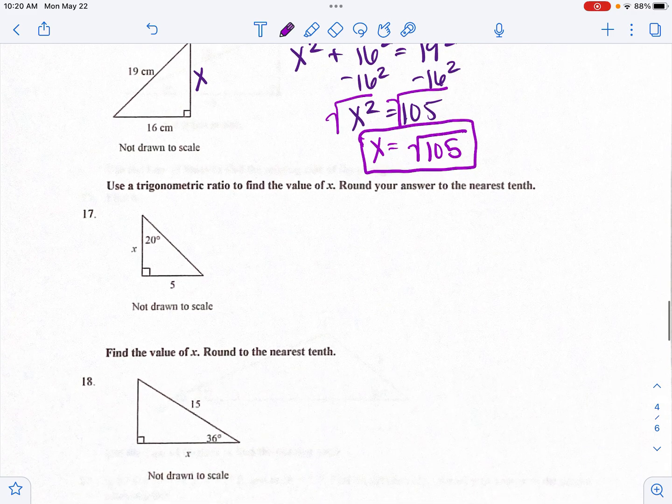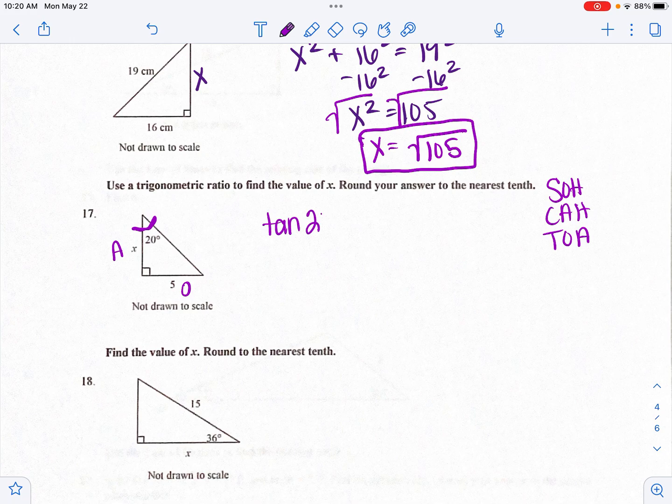All right, 17, 18, and 19 are SOHCAHTOA problems. Oops, my brain's getting ahead of my hand. Okay, so for this one, here we're given this angle. 5 is across from it, so it would be the opposite, and x is next to the given angle, so that would be adjacent. That means this is a tangent problem.